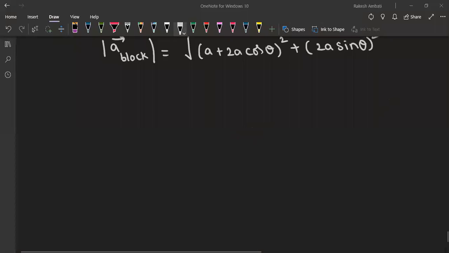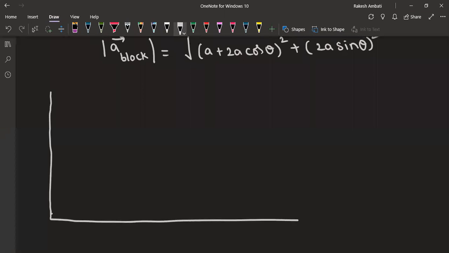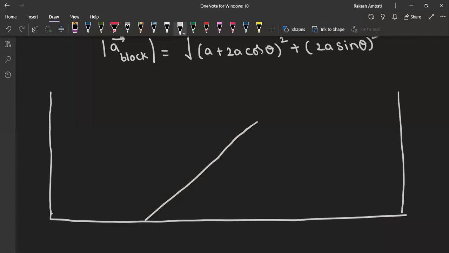Yeah, note down please. So it is a wedge, and here we have a pulley, and here we have a block.